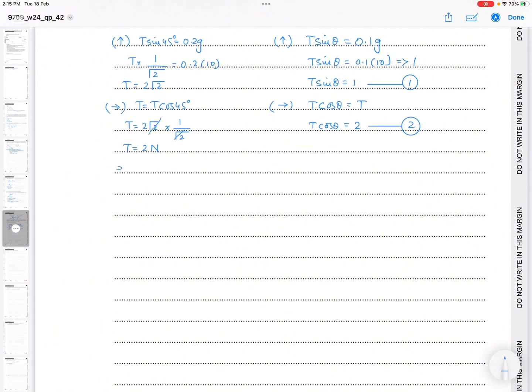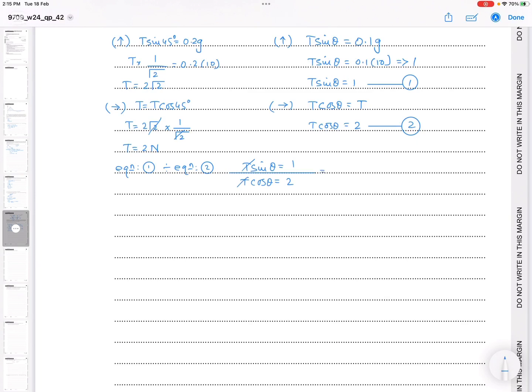Now equation 1 divided by equation 2. I can write T sine theta equals 1 divided by T cos theta equals 2. So the T's are gone.